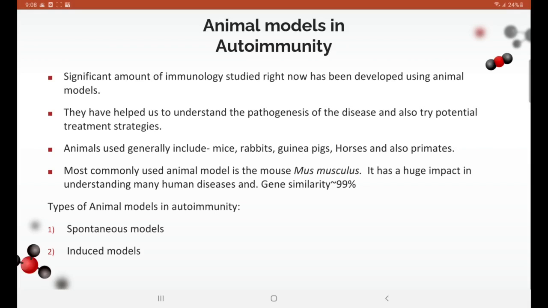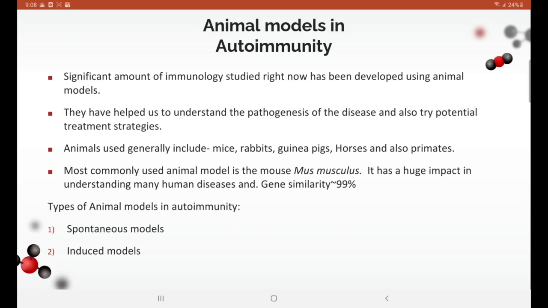This means if you predicted some genes in mice, it's probable that those same genes must be present in humans too. So, why is mouse such a popular animal model? Because they're very small, hence they're very easy to handle and control. They have a very fast reproductive system and they also produce a lot of offspring. And also, they have 90% gene similarity with humans.